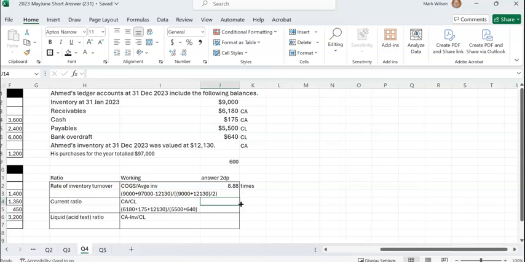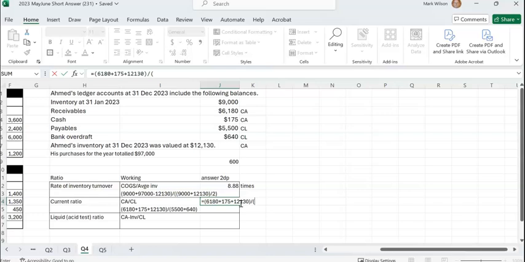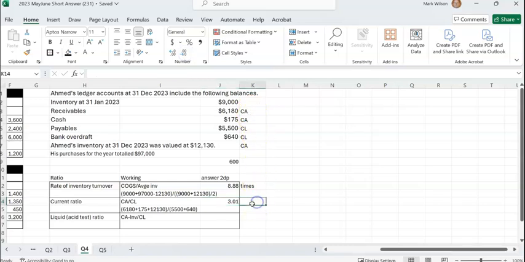So we'll go open brackets, put in the calculator, two decimal places, and the answer of that is 3.01 to 1. So it means for every dollar of current liabilities, we have $3.01 of current assets to cover it. So we should be able to cover our short-term debts.